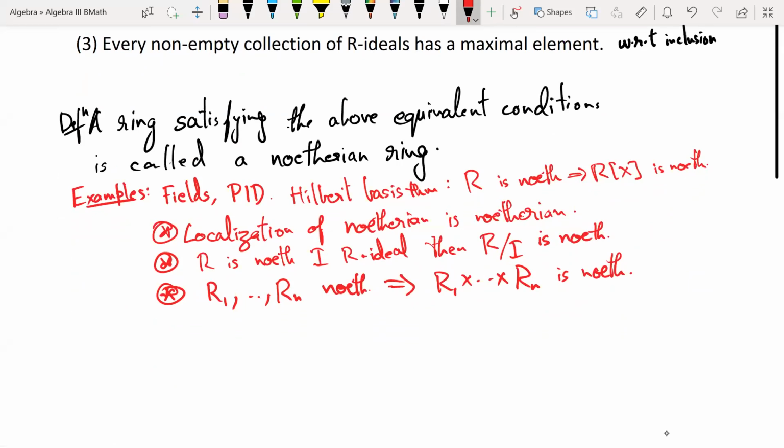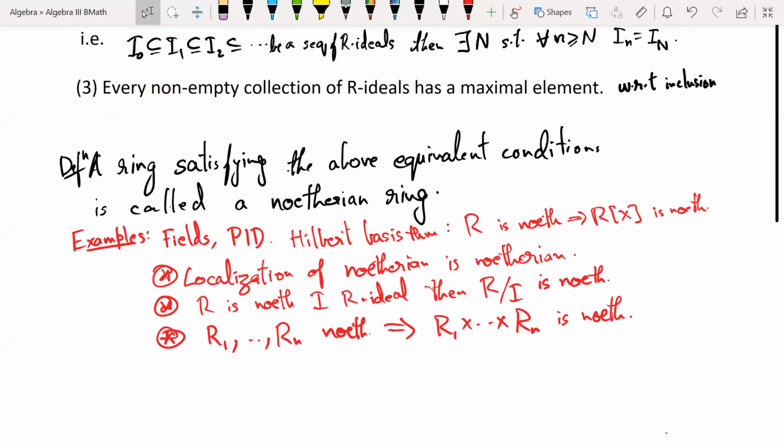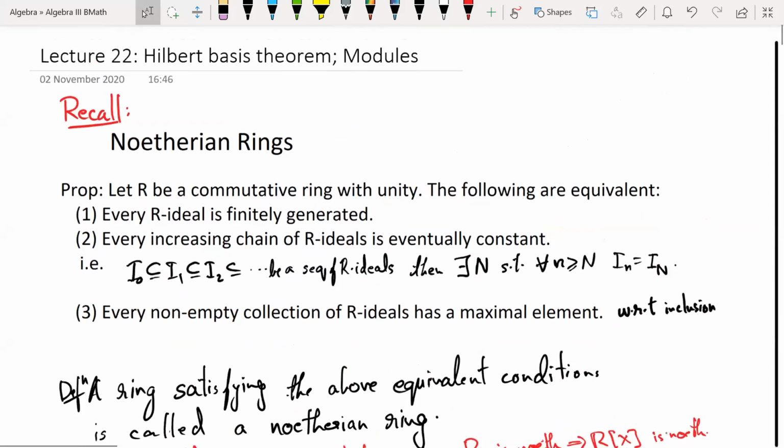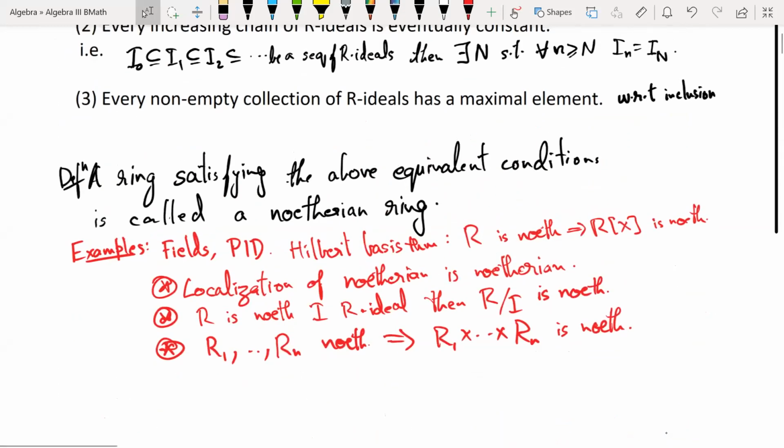The last one is straightforward as well, though not that useful, but these two are very useful. So maybe I'll show you all three, and then we'll move on to the main theorem, which is R is Noetherian implies R[x] is Noetherian. So the Hilbert basis theorem.